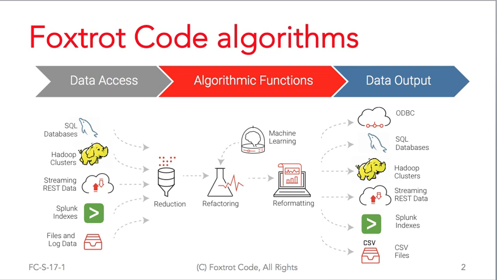Once it's in, we have simplified algorithmic development down to 3 major functional areas: reduction, refactoring, and reformatting. Reduction is, as it sounds, reducing the data set, constraining it by time and keywords and other kinds of factors to get down to only the useful data you want, and combining multiple data sets together.